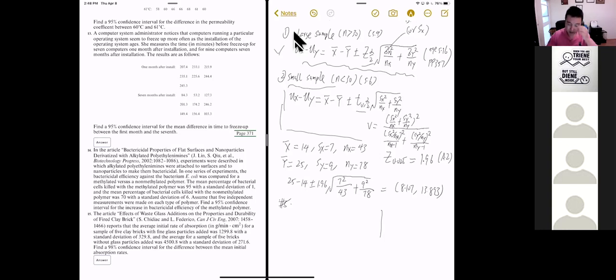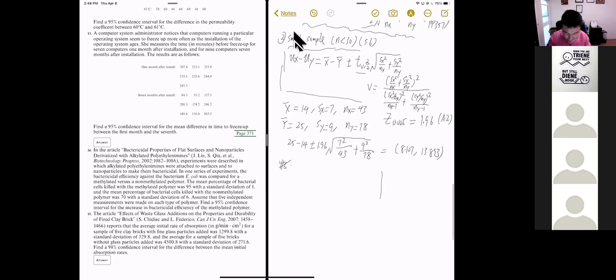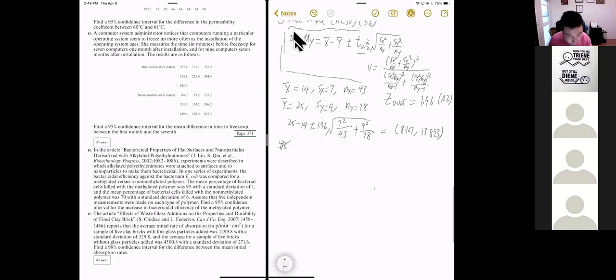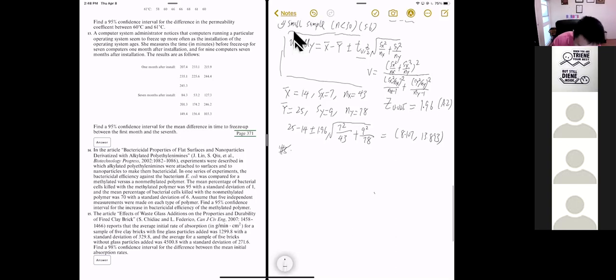So degree of freedom is a function of the sample standard deviations for x and y, and the sample sizes of x and y. By the way, let me write down where you can find the equation. That is equation number 5.21 on page 366 of your textbook.